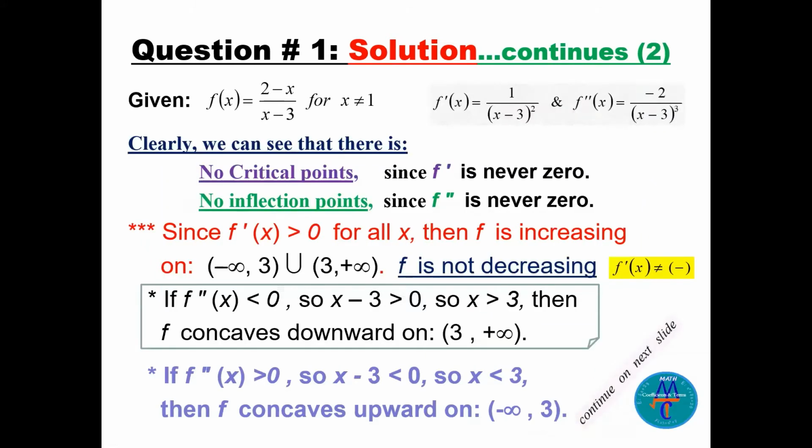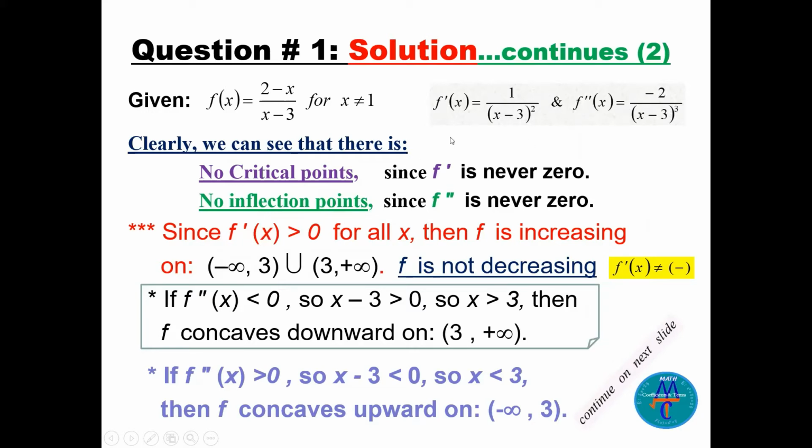Now, everything is normal. We can see here that there is no value for x that will make f prime 0. So f prime is never 0. So there are no critical points here. Also, no inflection points because no value for x will make f double prime equal to 0. But we can study f prime, f double prime easily.